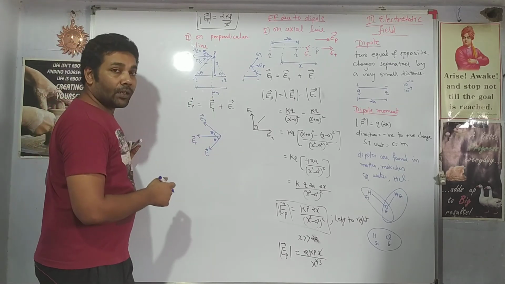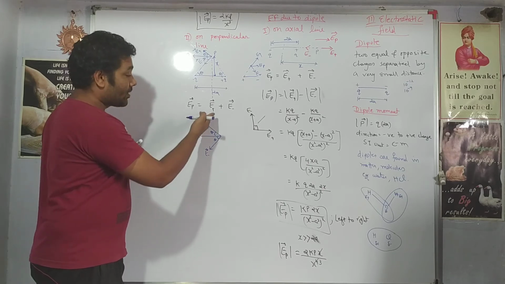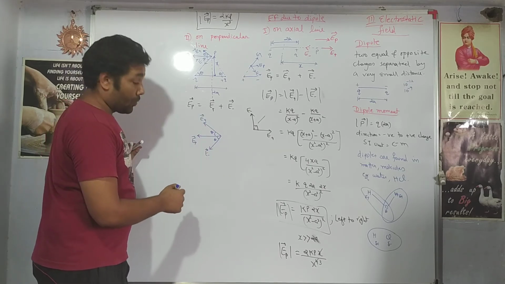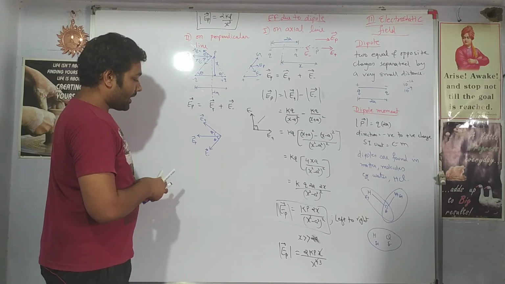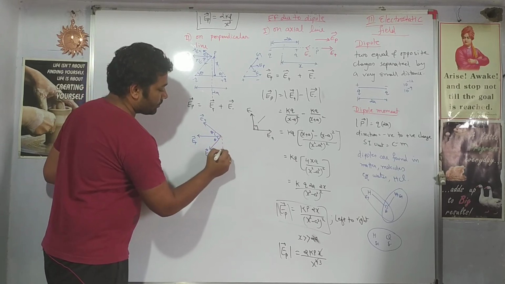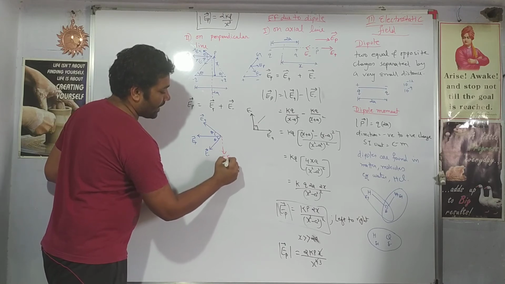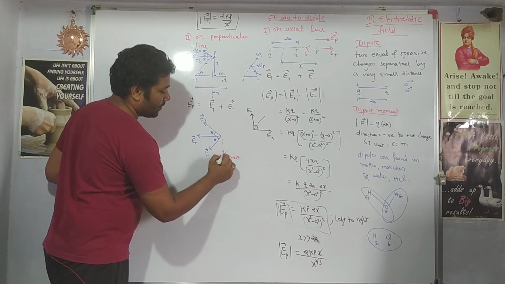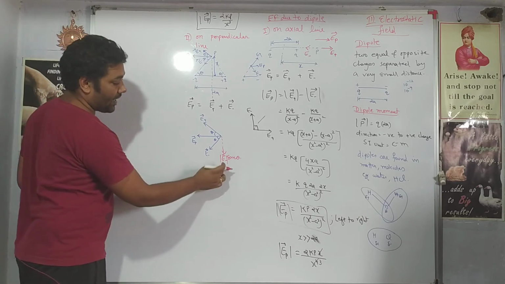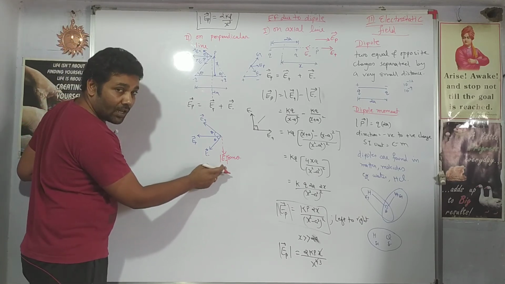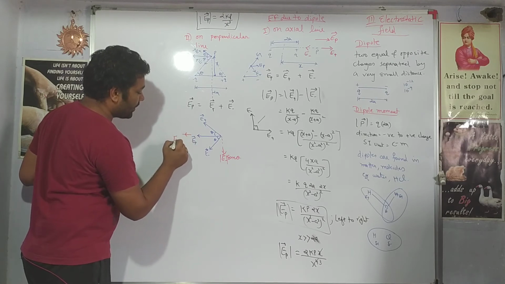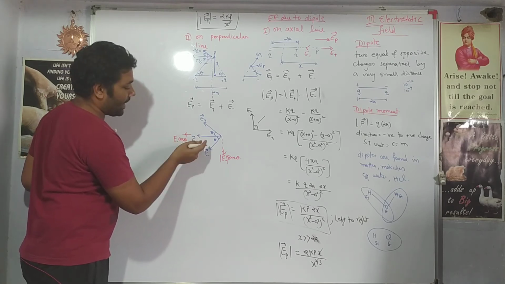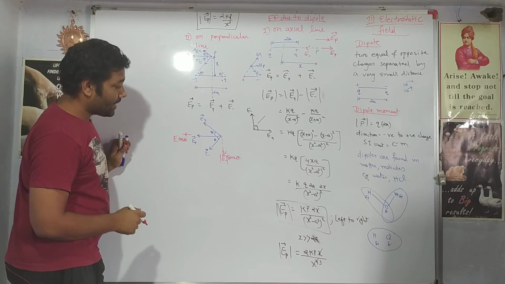Now how will you evaluate this? To evaluate this, I resolve the electric field into components. So the electric field due to the negative charge can be resolved as, this will be E minus sine theta, its sine component. And the electric field due to the negative charge, its cos component will act in this direction, in the resultant direction.